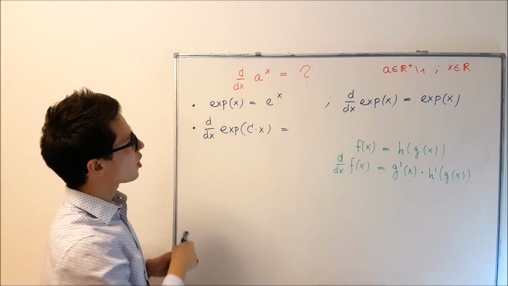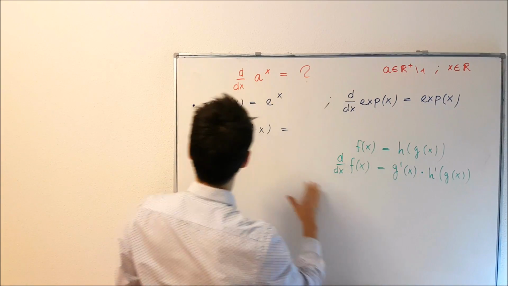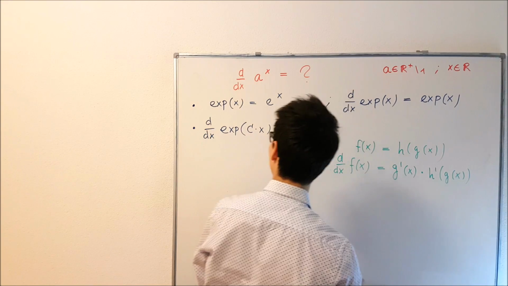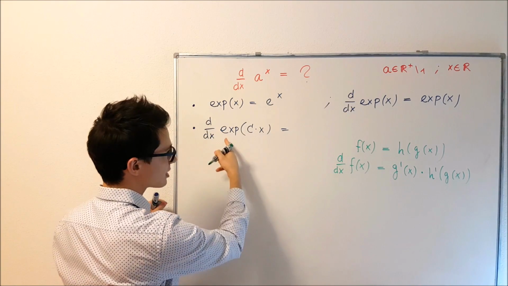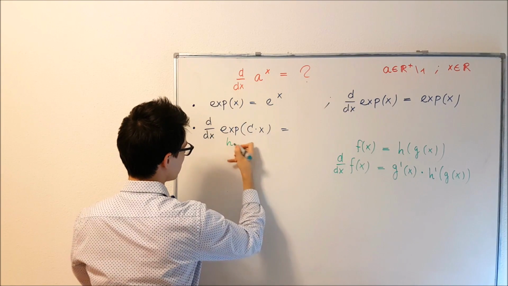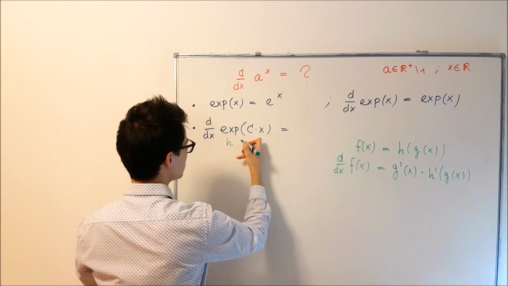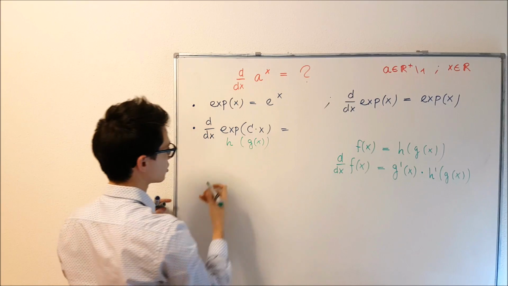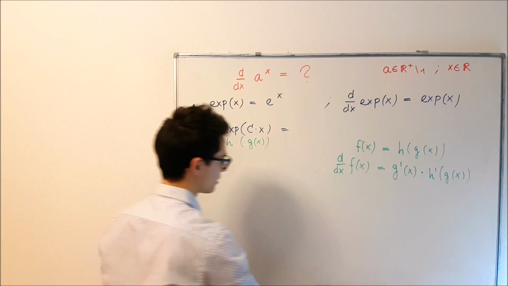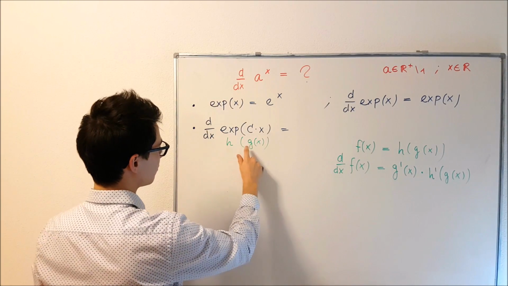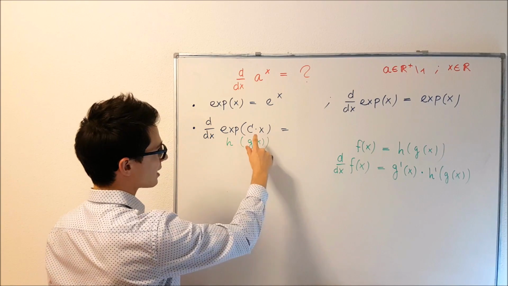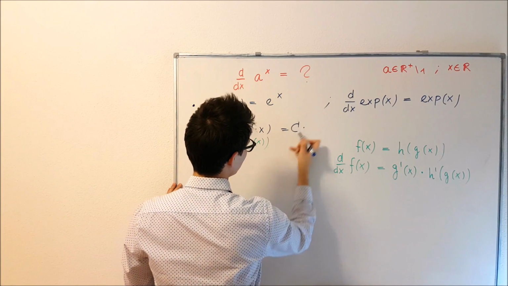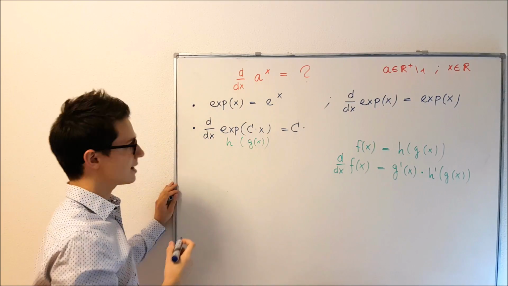So if we were to apply this rule on that function, what we get is that exp would be the h function, and c times x would be the g of x function. So then, if we take the derivative of g of x, which is c times x, then this obviously gives you c, because the derivative of that is simply c.